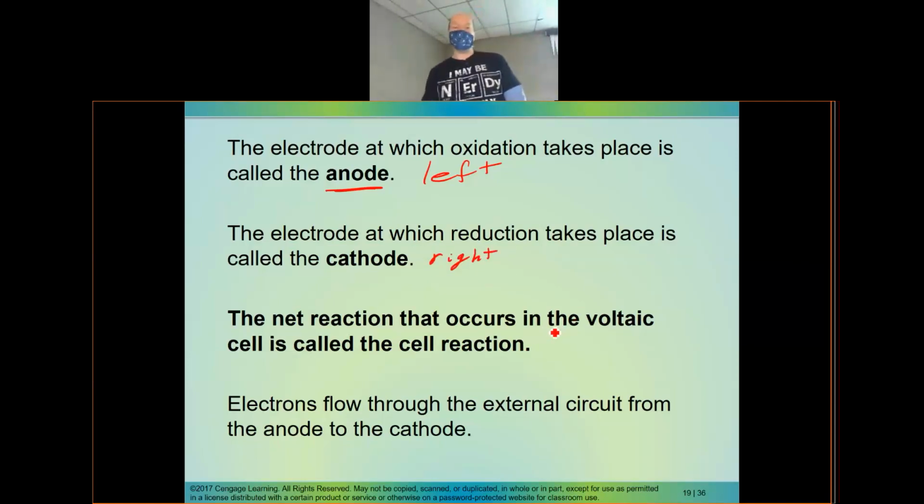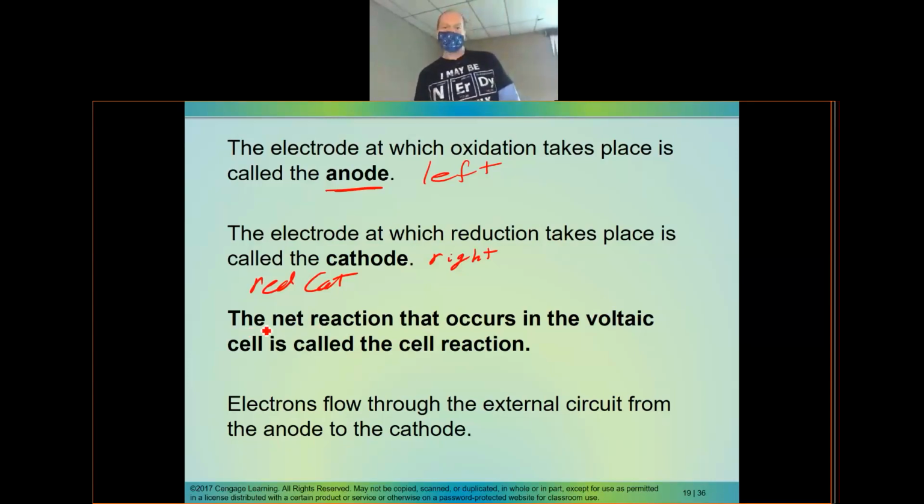And so I always remember red cat. If you forget what is happening at the cathode, reduction at the cathode. So it's easy to remember if you just remember red cat, reduction's at the cathode.